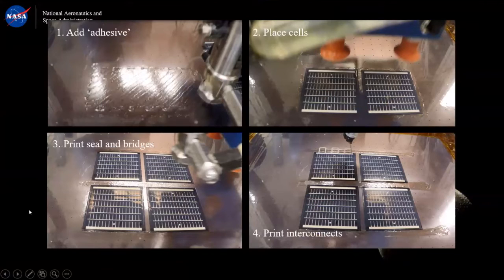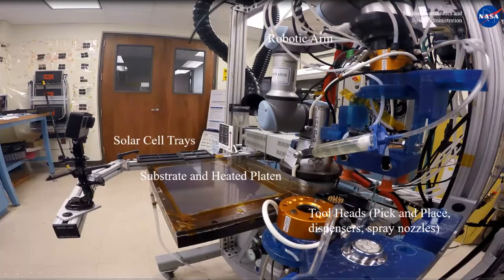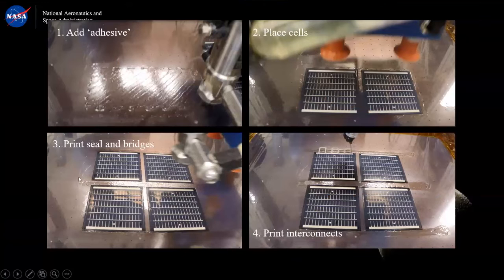Okay, and then taking a look at the step-by-step process in some of these main steps, you can see pictures going back. This GoPro camera on the left shows the view during the fabrication process. And so you can see that quote unquote adhesive being laid down. You see just after the cells are placed, now we're going in the bottom left and printing those seals and bridges.